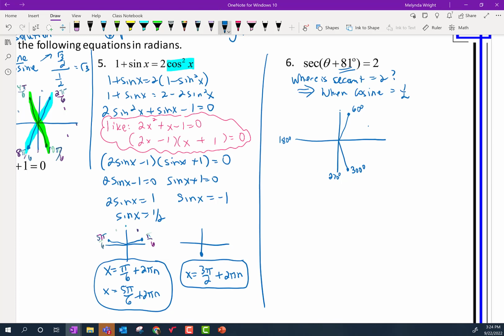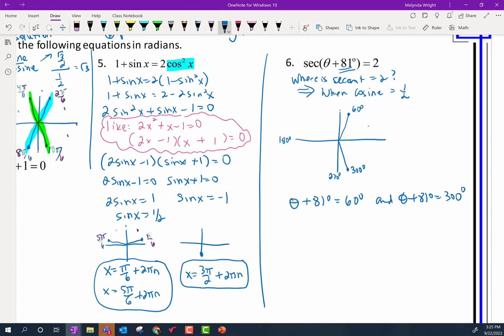And then what do we do once we figure out where that is? We set the argument equal to those. Okay. So theta plus 81 degrees equals 60 degrees, and theta plus 81 degrees equals 300 degrees.